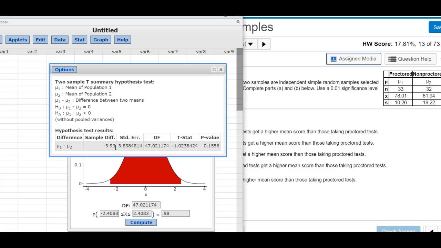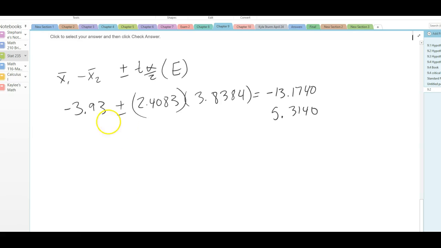the 2.4083 times the standard error, 3.83848, and I'm just going to write that. So writing that out again, we get the difference in the two means plus or minus the t value that corresponds to alpha over 2.